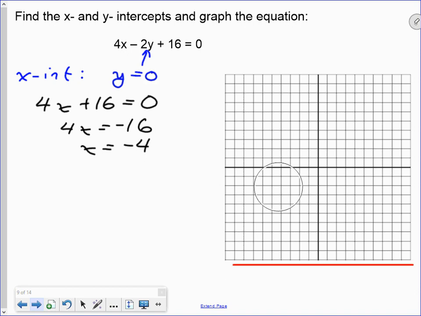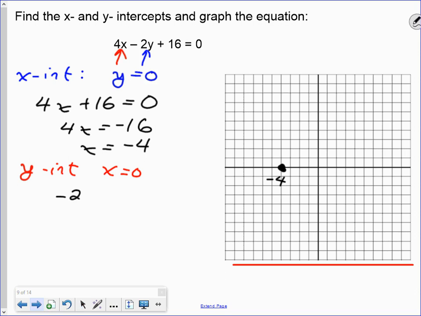Which is going to be 1, 2, 3, 4, which is going to be right here, negative 4. For our y-intercept, we're going to set x equals to 0. So this 4x term right here is just gone.